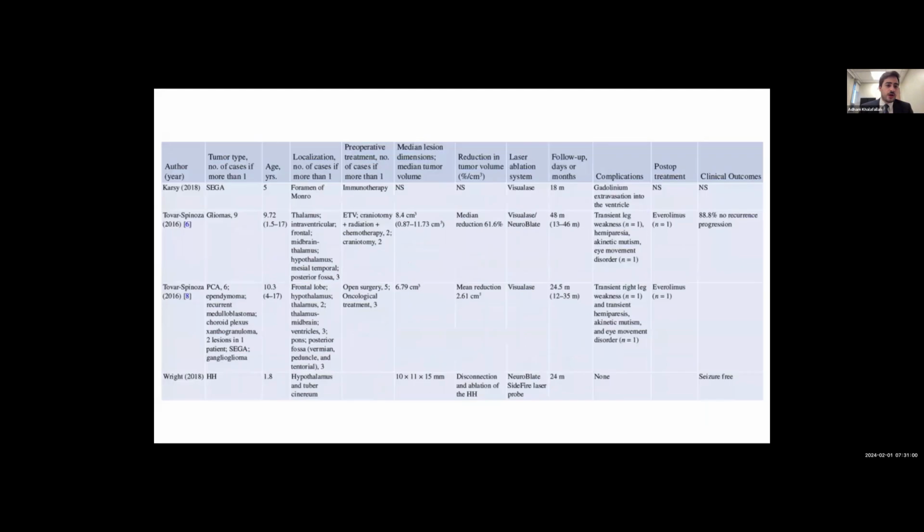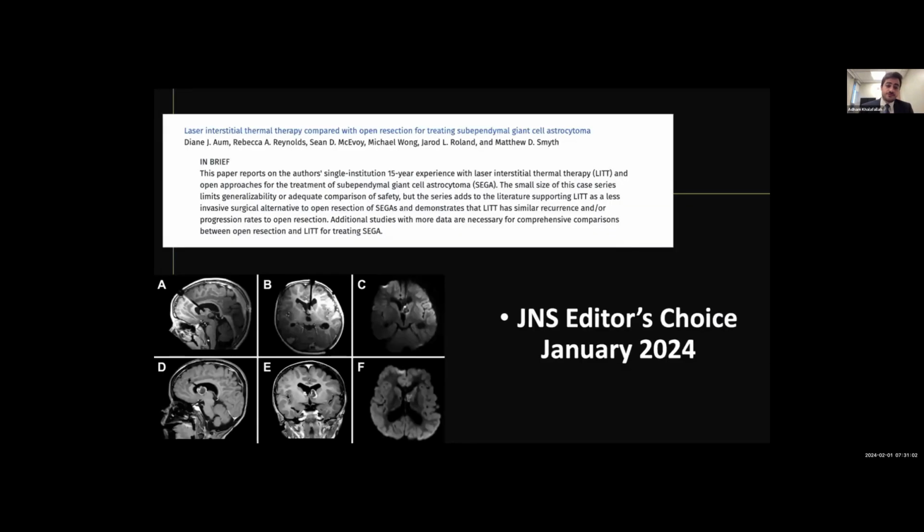People advocate for it. And actually, the JNS editor's choice, Dr. Rutka's choice for the last month, was the paper he chose as one of the seminal papers, or one of the papers he would recommend people read. It looks at using LIT in PEDS patients with SEGAs.